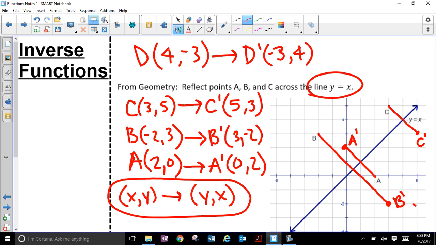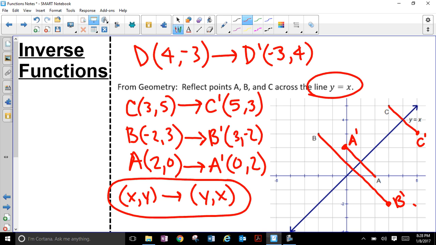So keeping this in mind, what you actually found when you plotted A and then you plotted its inverse A prime is you are finding the inverse of that point. The inverse of that point is when you reflect it over the y equals x line. So when they ask us about inverse functions, we're taking that function and reflecting it across the y equals x line.